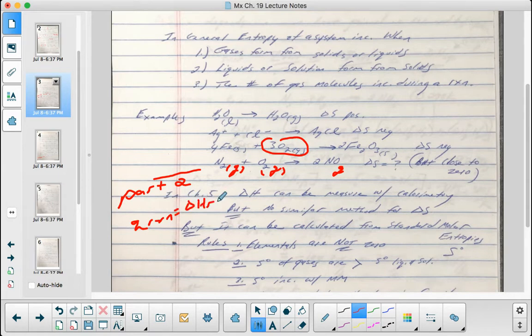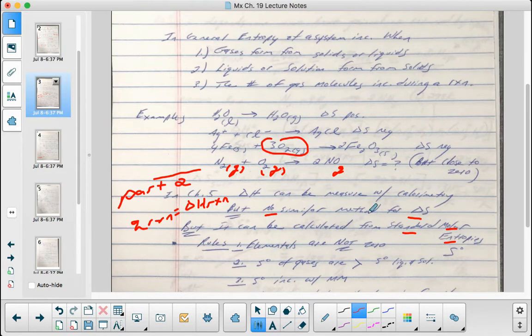So that is just a simple method of measuring delta H. But there is no similar method for measuring the delta S. But it can be calculated from standard molar entropies.